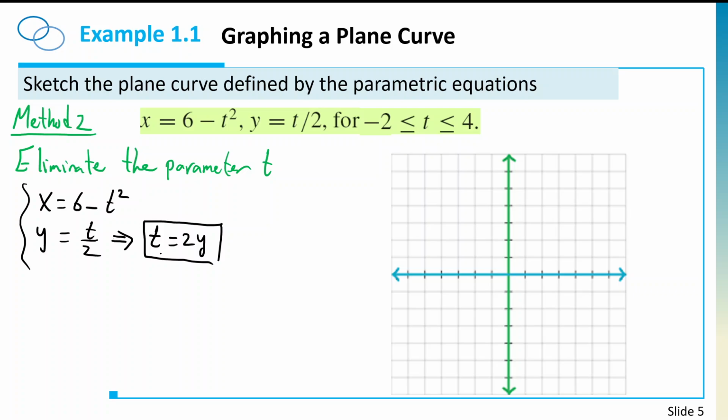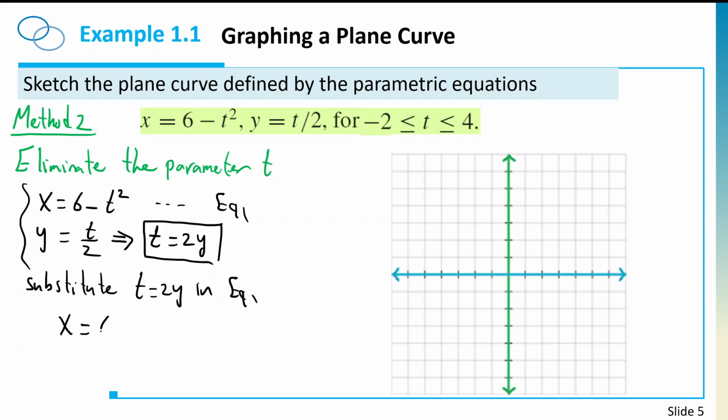Now if I plug this into equation number 1, I need to substitute t equals 2y in equation 1.